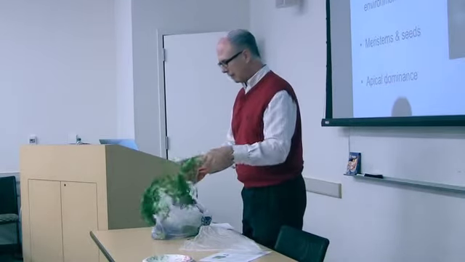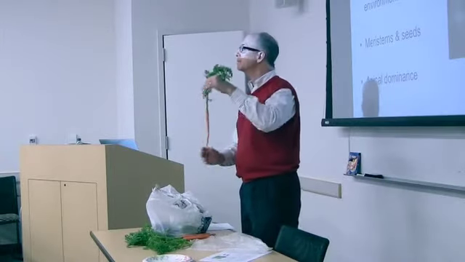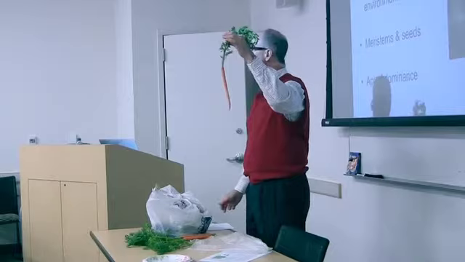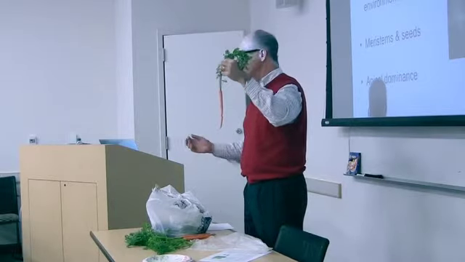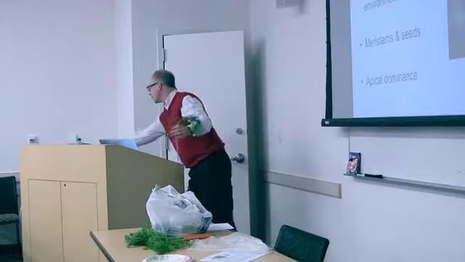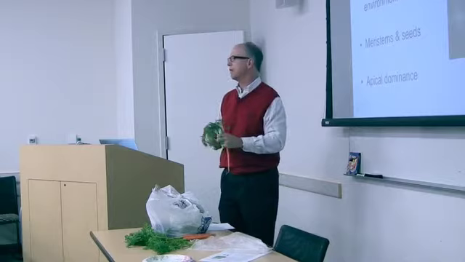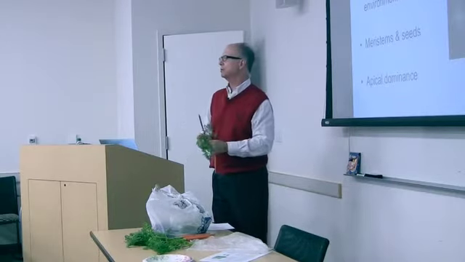So if this is the root, what part of the plant is the stem? The green part? Okay, what does a stem have to have on it? What are essential parts of a stem? Nodes, internodes?